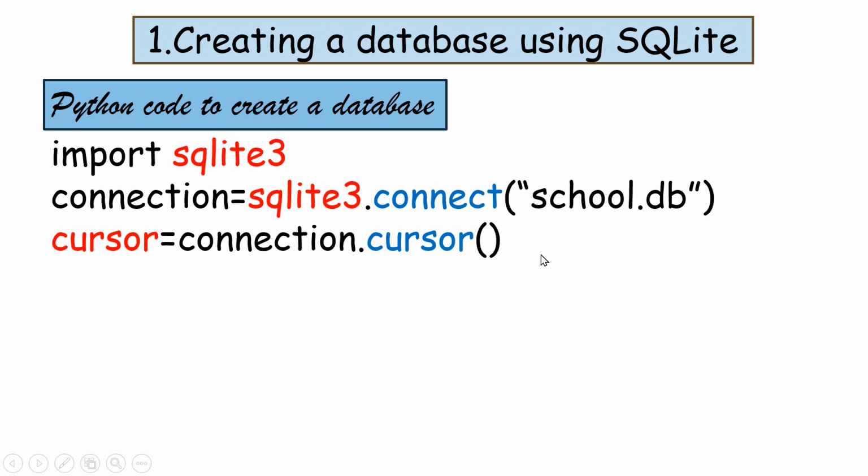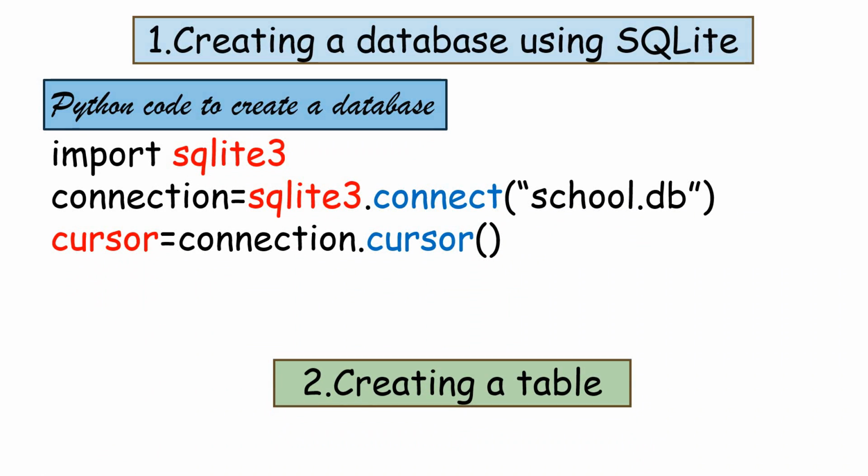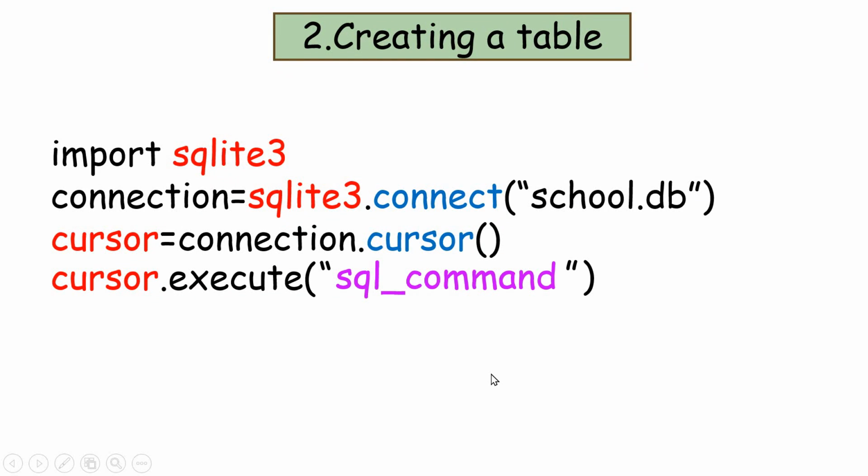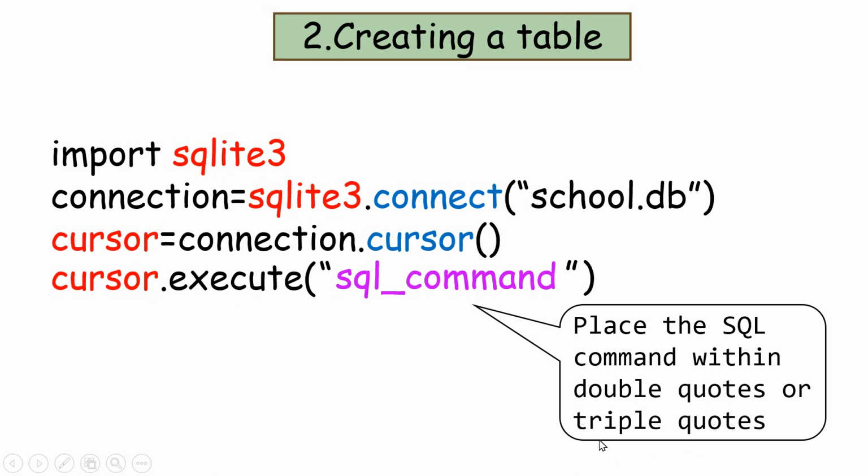After having created the database, our next step is to create a table. For creating a table, you have to write cursor.execute and within parentheses the SQL command. Place the SQL command within double quotes or triple quotes. Now I want to create a table.